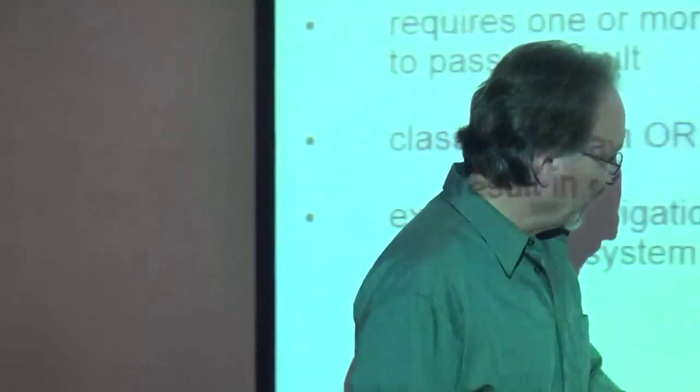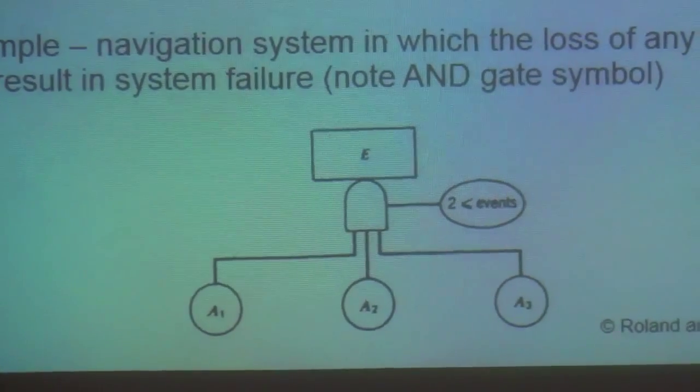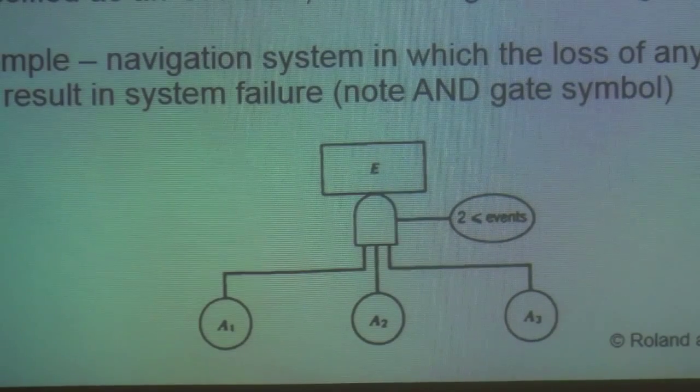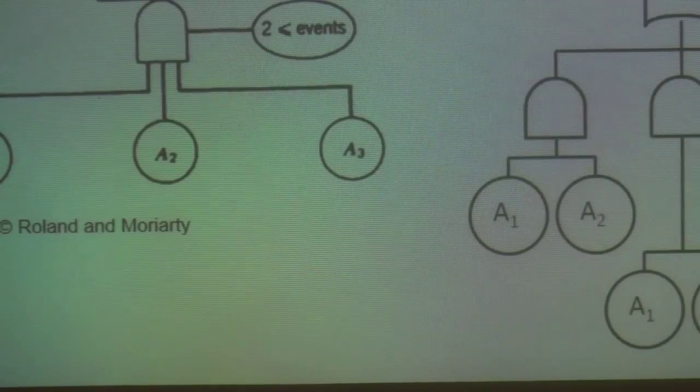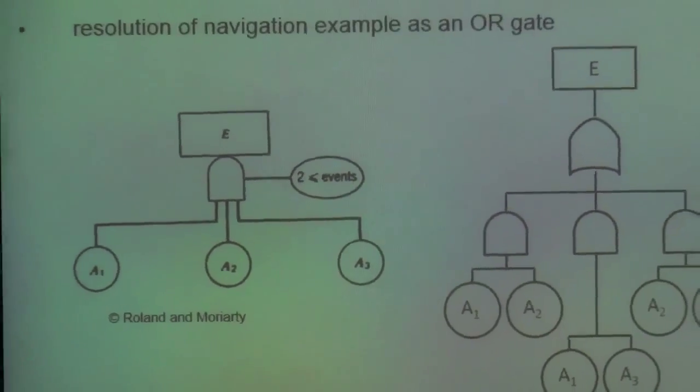M out of N OR gate, or M out of N voting gate, is another one. What that means is that if any set of 2 events occur, the fault will pass. Now, this is very shorthand for the resolution.